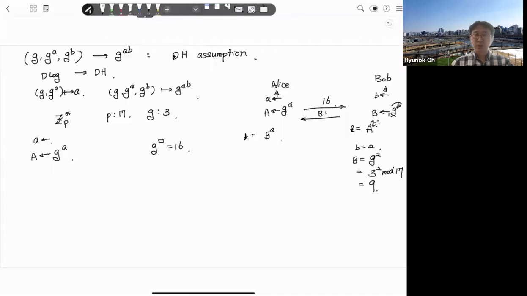Okay, so what you have to do is compute the public key in the Diffie-Hellman key exchange.